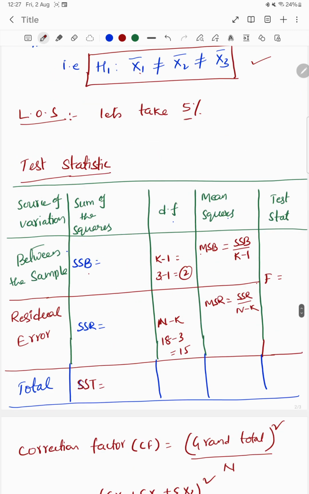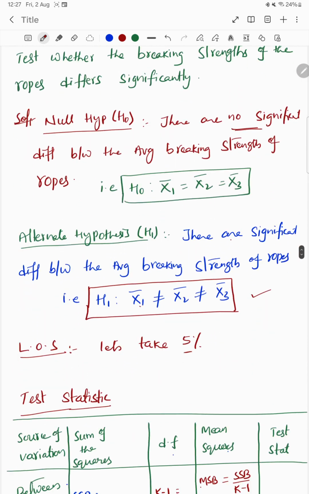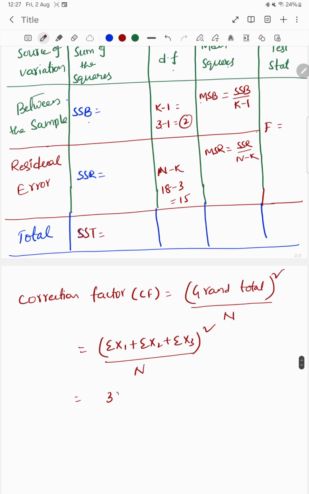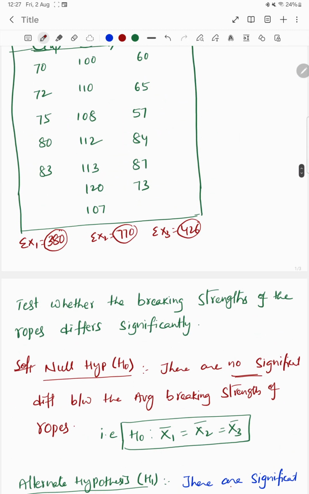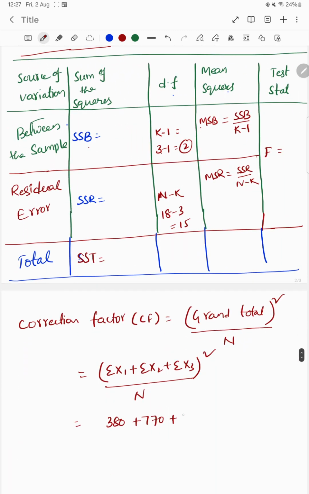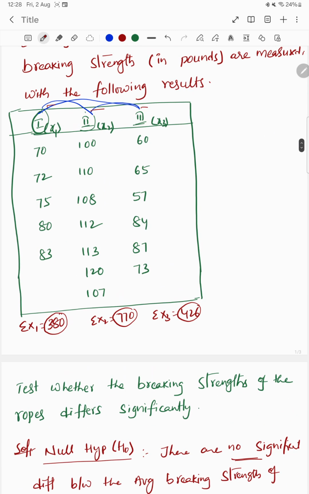So this implies the total will be 380 plus 770 plus 426, whole square, by n, which means total subsamples. That means 1, 2, 3, 4, 5, 6, 7, 8, 9, 10, 11, 12, 13, 14, 15, 16, 17, 18.